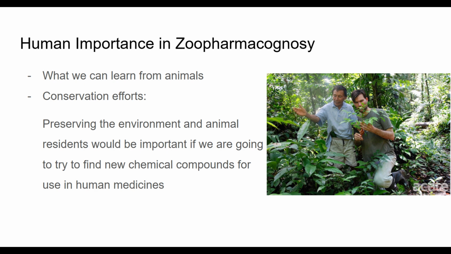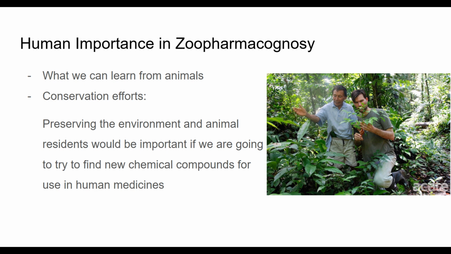This leads us to why zoopharmacognosy is important to us. From the last example with the elephants, we can see that we can learn a lot from observing animals and how they interact with plants. Wildlife and environmental conservation efforts are important to continue this research in this field.